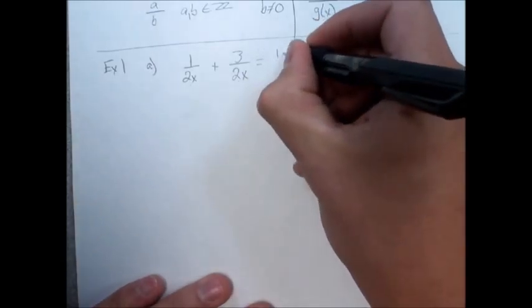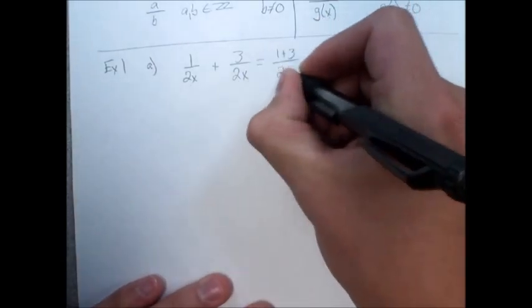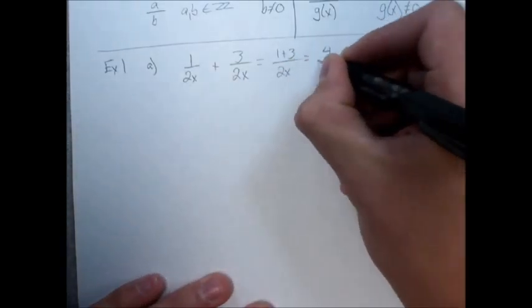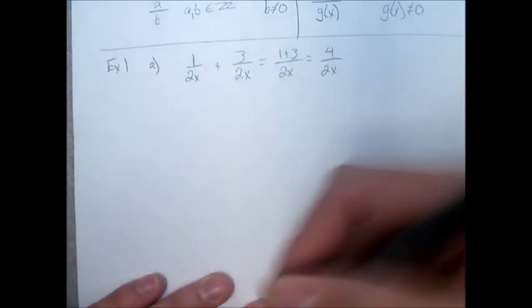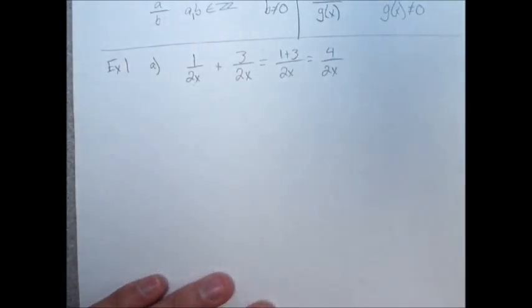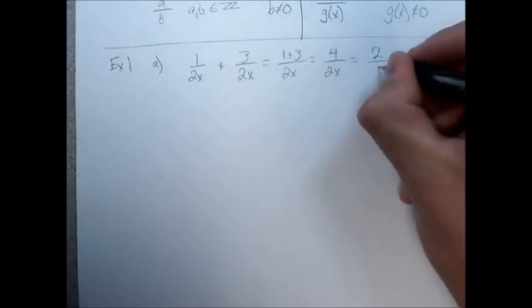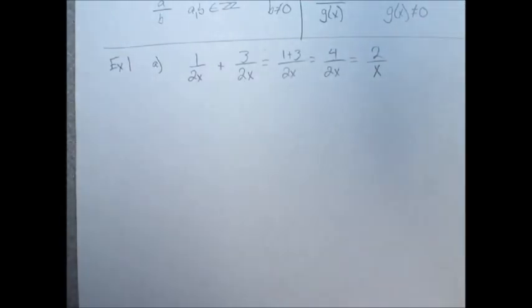So 1 plus 3 over our common denominator, which stays common the whole time. That goes down to 4 over 2x. Now this can be reduced just like you would have done before. Once you get down to your answer, just look at it and ask, can I reduce this? Yes, I can. It's 2 over just x. And keeping in mind, our excluded value here is x cannot equal 0 at any point.